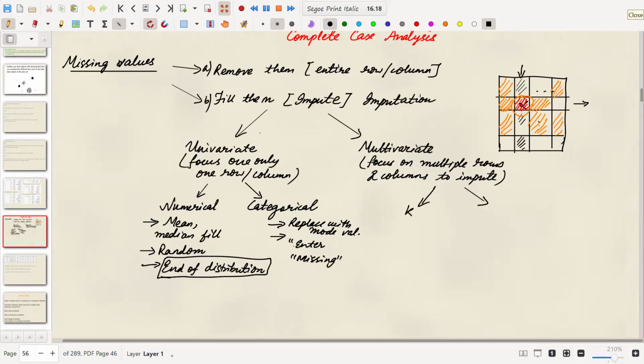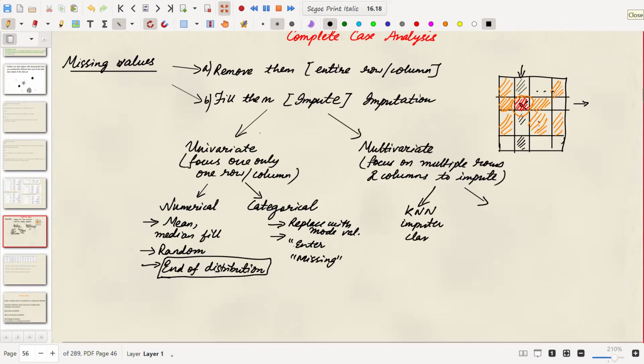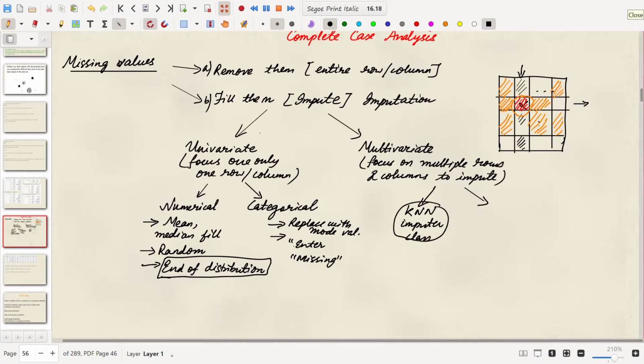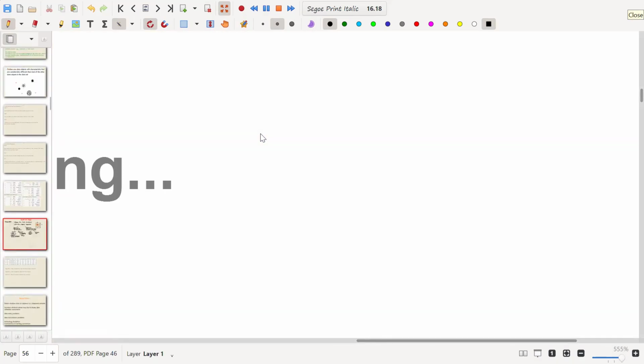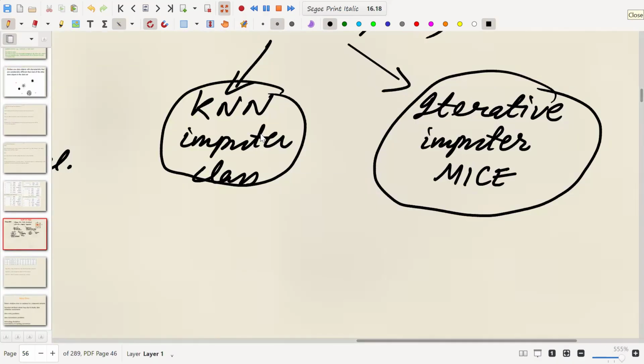Something known as the KNN imputer class. If you have multivariate data sets, you can use the KNN imputer class, and there is also another imputer known as the iterative imputer, most popularly referred to as MICE.